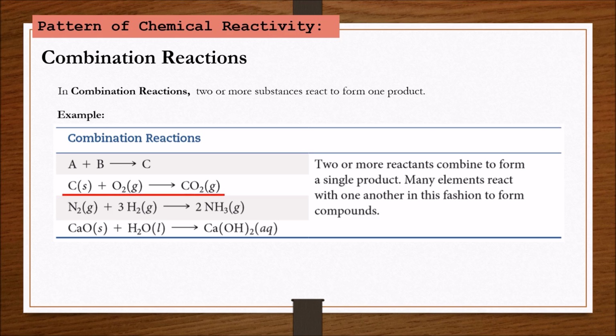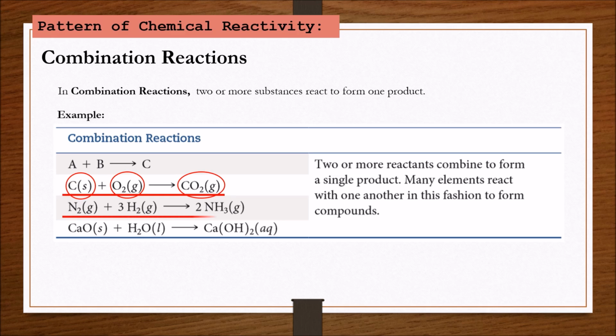As you can see on the left side of the equation, there are two different substances, and on the right side of the equation, there is only one. So this is a combination reaction, since the two different reactants are combining to form one product. Here's another example.